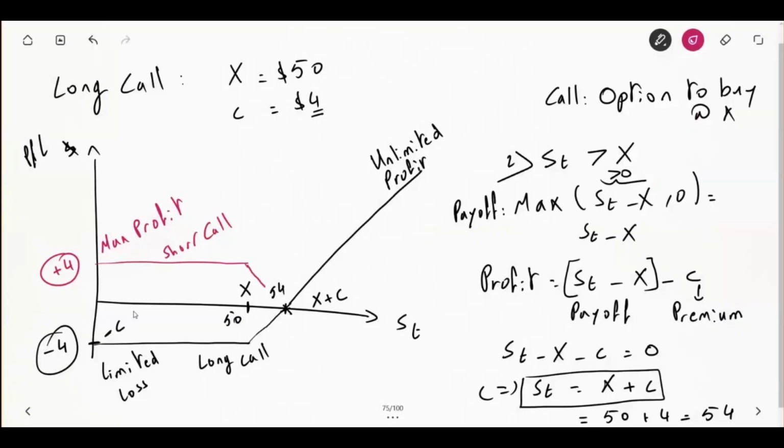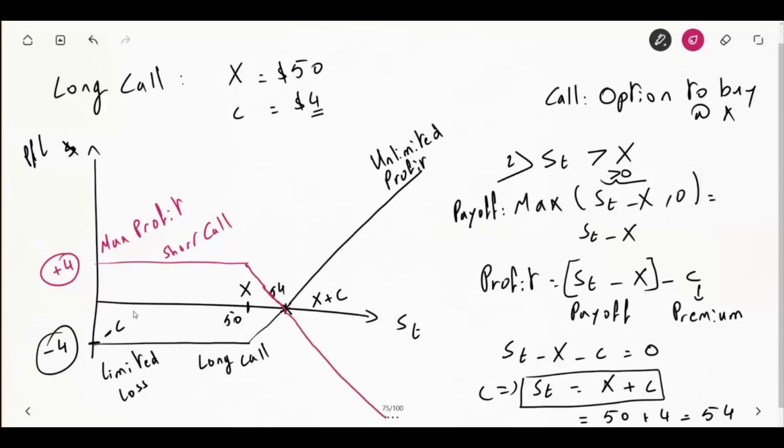As long as the price is below 54, the party with the short position will still end up with a profit. Once we reach 54, the cash outflow or the negative payoff, which is minus 4, will offset the premium collected by the short seller of $4, and there will be a break-even point. For any price above 54, there will be a net loss for the party with the short position.